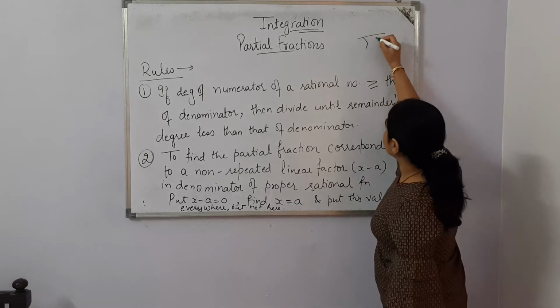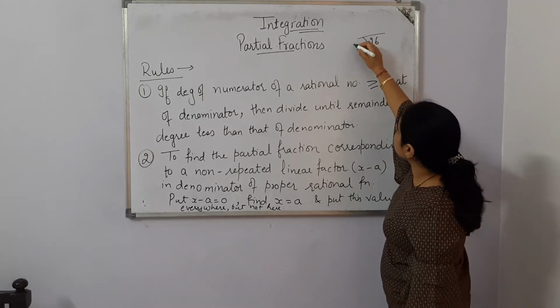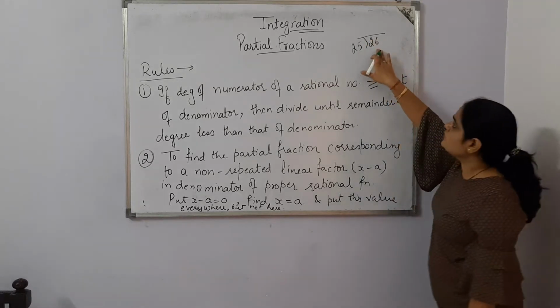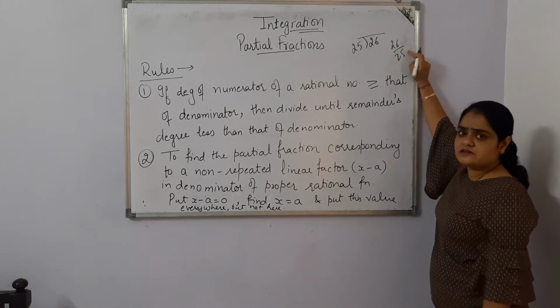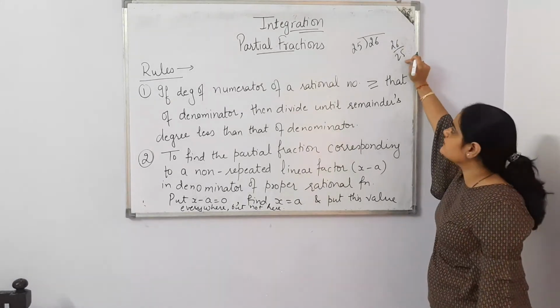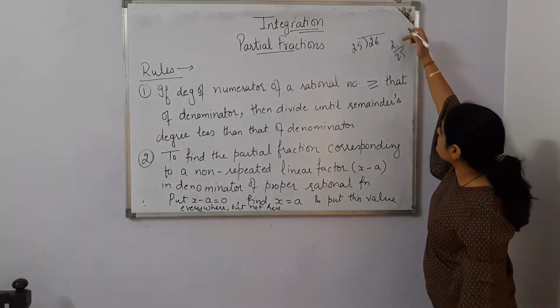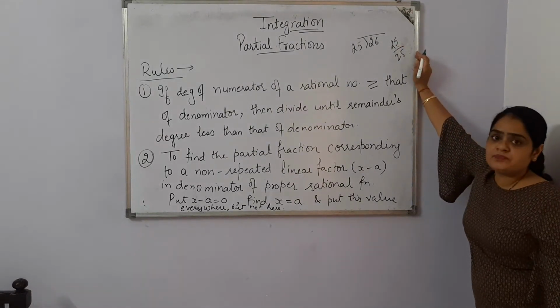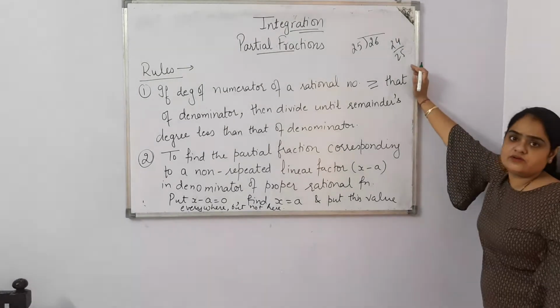If we have 26 and 5, 26 divided by 5 can be done because the numerator 26 is greater than the denominator 5. Even if it is 25, we can divide. But if the numerator is 4, in that case we cannot divide.